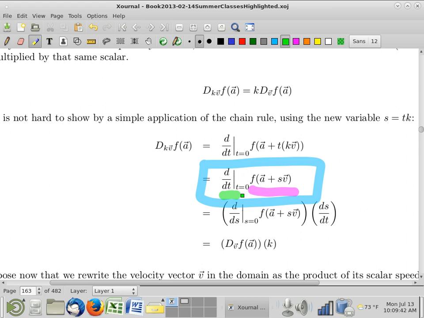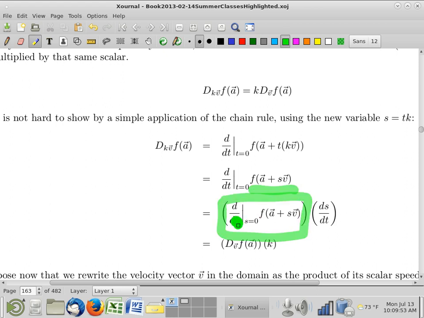You have a function of one variable, you're taking a derivative with respect to a different variable. Well, the way you do that is you first take the derivative with respect to S, and then you multiply by ds/dt. Right? So all that's happened in this step here is I've rewritten df/dt as df/ds times ds/dt. Cool?